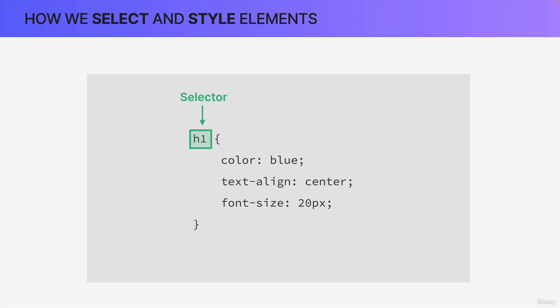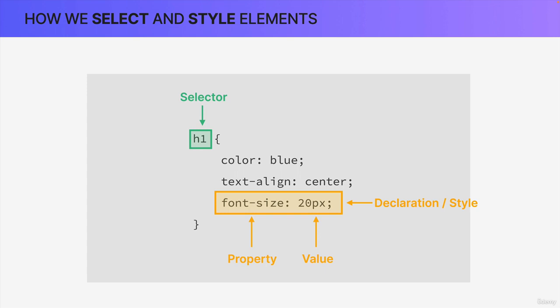And so each of these styles we can call a declaration. So here in this line, we set the font size to 20 pixels. And so that font size is called a property, and the 20 pixels is the value that we declare for the property. And so property and value together is a declaration or a style.